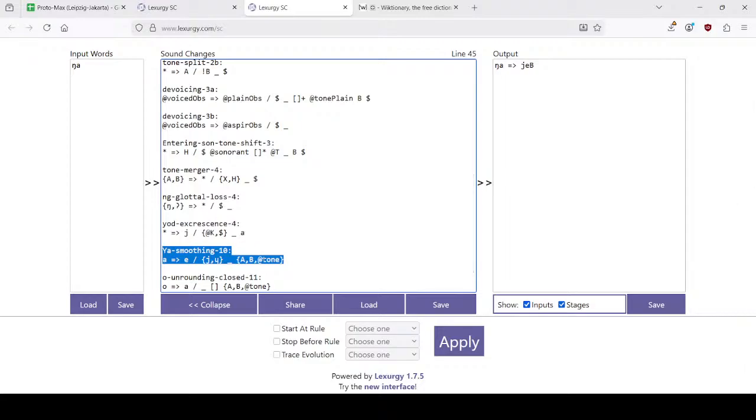I think right now the sensible thing to do would be to move nga loss much, much later. No, but then it still excretes a ya, and then after the ya gets excreted, it still gets smoothed. So that's an issue.